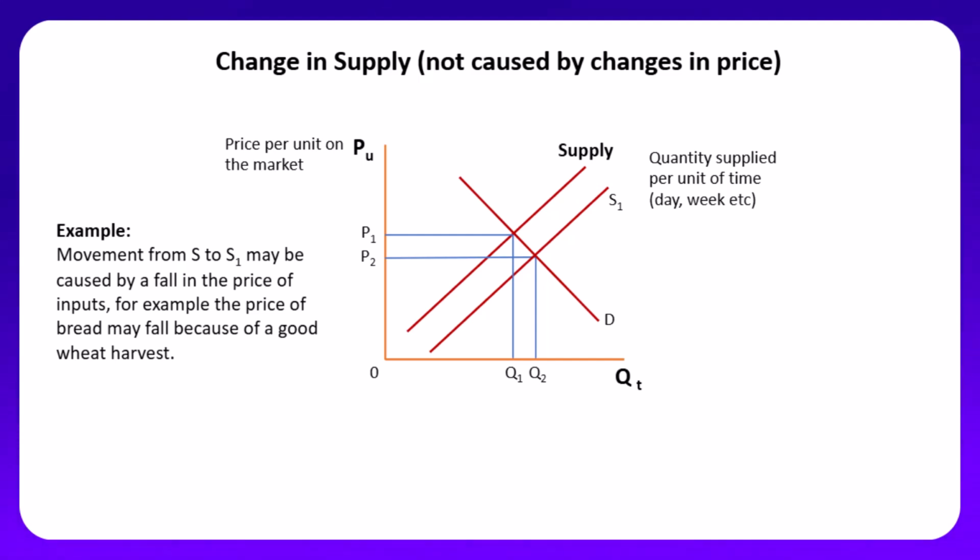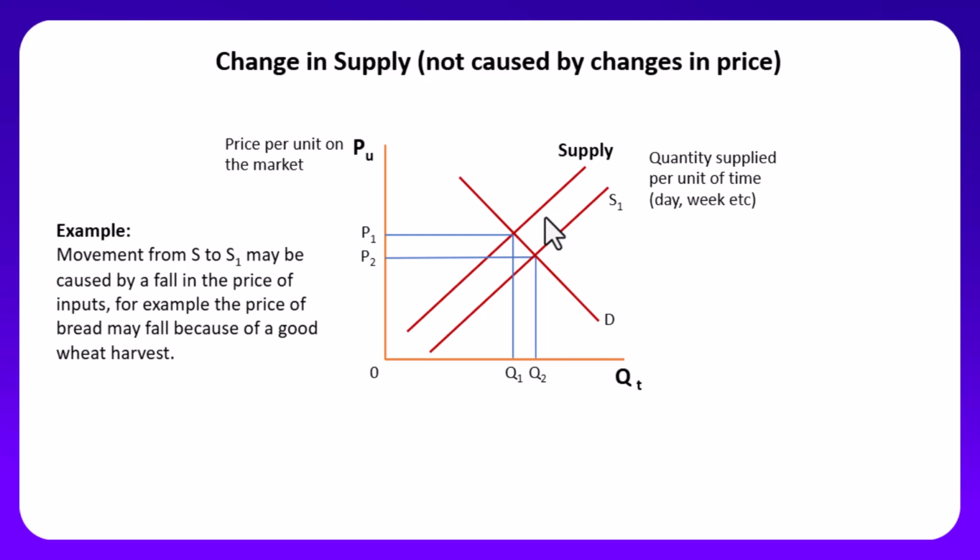Say a change in the supply, not caused by a change in price. Let's say I'm moving from S to S1 over here. We'll say this is S, this is S1 down here. That may be caused by a fall in the price of inputs. If machinery that's needed to produce this item becomes cheaper or cheaper to use, then we'd expect more to be supplied.